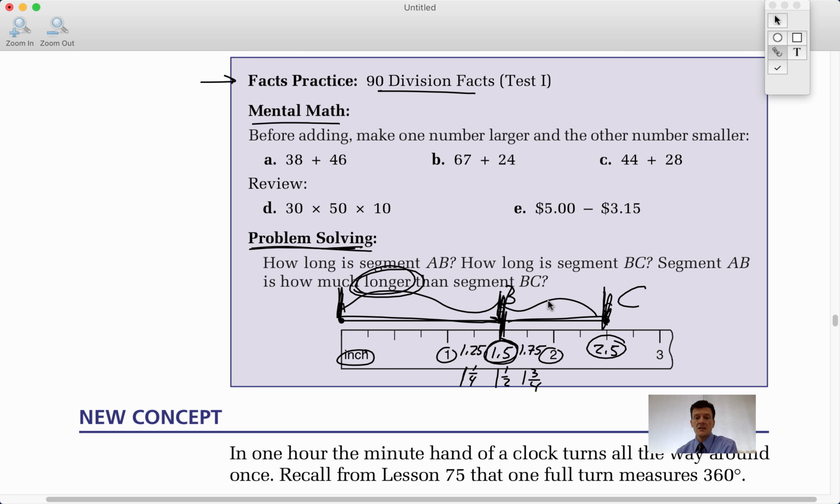That is a distance of 1 inch. Okay? So we found AB, we found actually AC, and then to find BC, you would subtract those two if you wanted to. 2.5 minus 1.5 gives us the 1. And it's an inch longer.